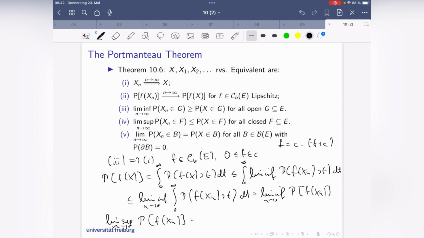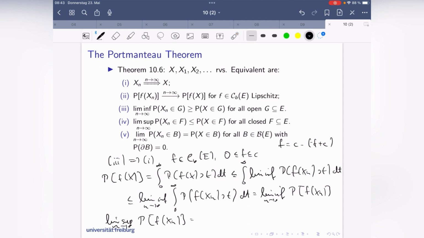Yeah, that's what I want to do. Because minus f plus c, so minus f is between 0 and c, this here is again a non-negative bounded continuous function bounded by c, and the c I can pull out of all the integrals.